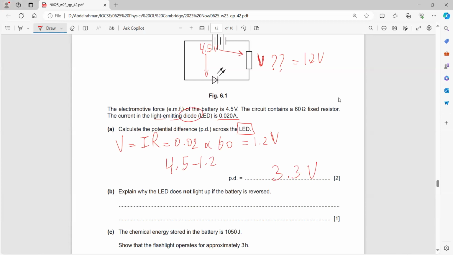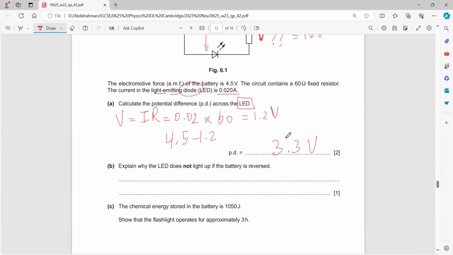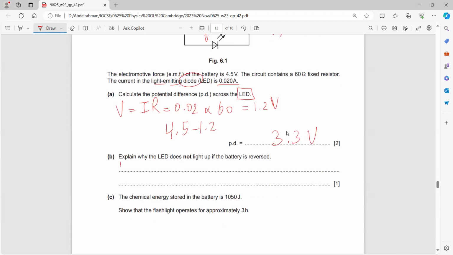Light emitting diode. So the LED is a diode. And what does a diode do? It prevents the current from flowing in the opposite direction.